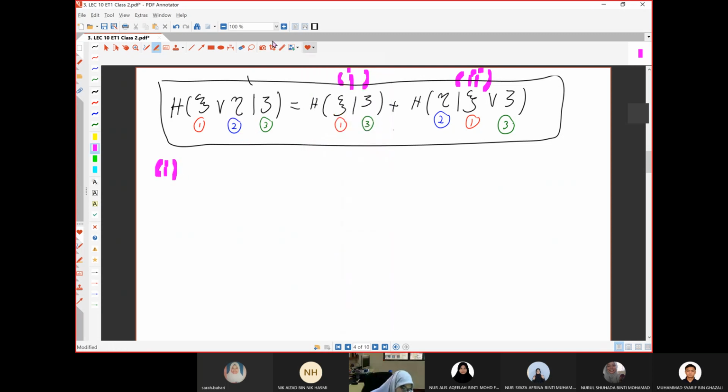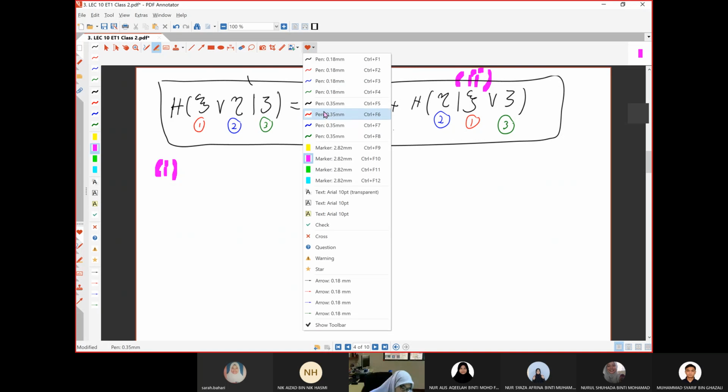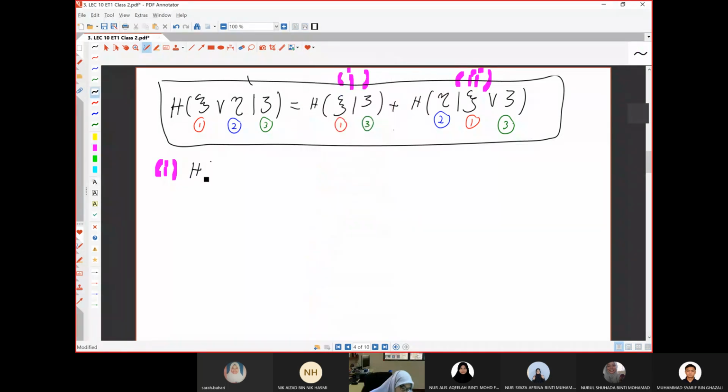Let's try to find the first term. I have the entropy of psi given zeta, which is, according to the formula, a partition with respect to another partition. So you need to use formula number 3. You have to find the average first.